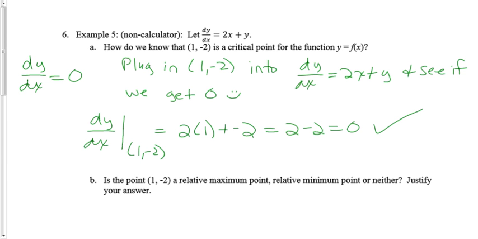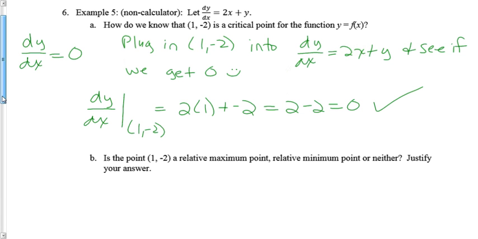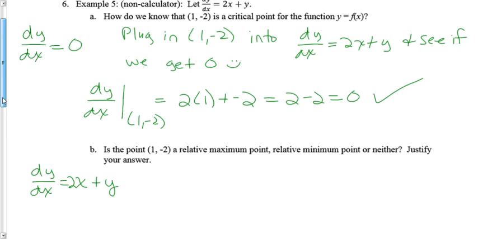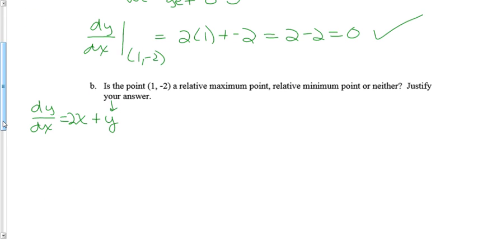Now, because we have x's and y's in the derivative, it isn't very helpful past identifying that, yes, we have a critical point. So what we really want to do is find the second derivative. If I start with dy/dx is 2x plus y, I need to take the derivative of that to find the second derivative in terms of x, which means I need to deal with this y in a special way.